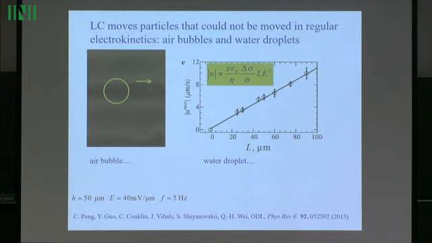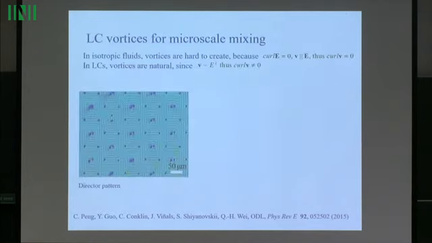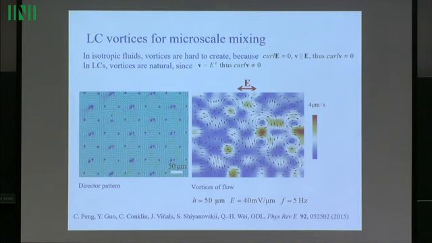And as expected, the larger the inclusion, the larger the period of the structure, the higher is the velocity of motion. I can use a complex array of defects to create microvortices, and these microvortices are shown here, and this is of importance for technology.